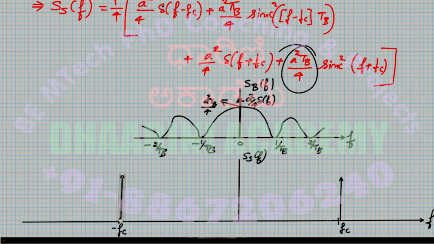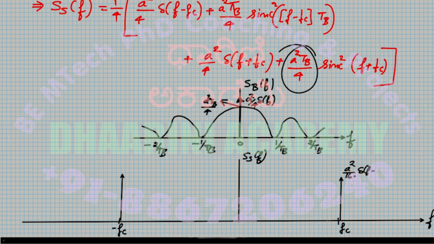So f minus fc is on the right side. So this is A square by 16 into delta of f minus fc. You see there is a change in the amplitude. Previously it was A square by 4. Because of that multiplier it reduced. Are you okay?